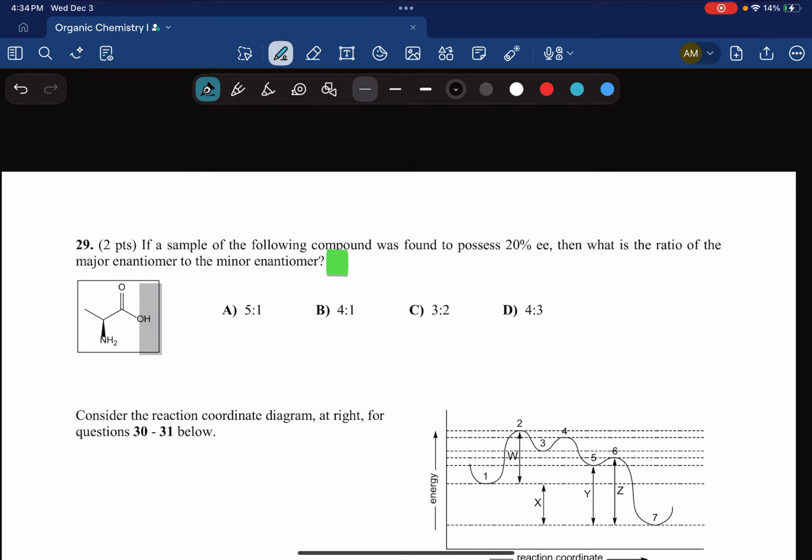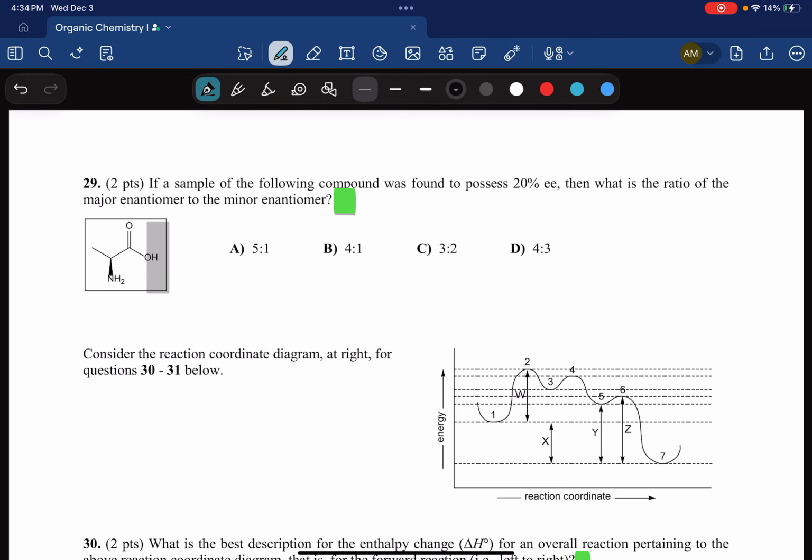Okay? If a sample was found to present 20% EE, what was the ratio of major enantiomer to minor? Okay, so 20% EE means 20% A, and 80% of A plus B, right?